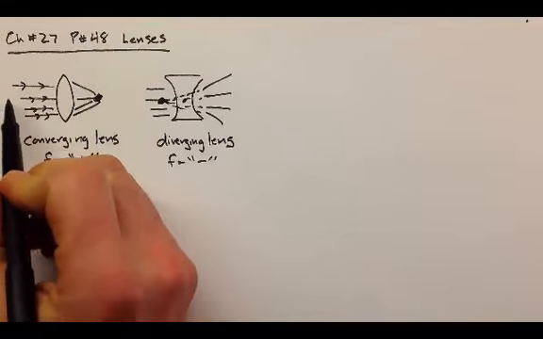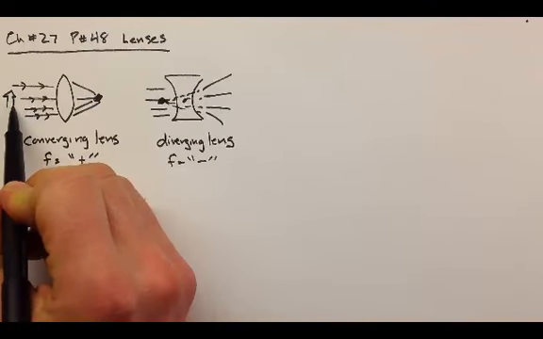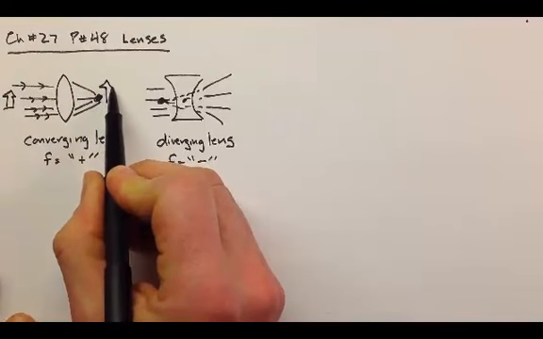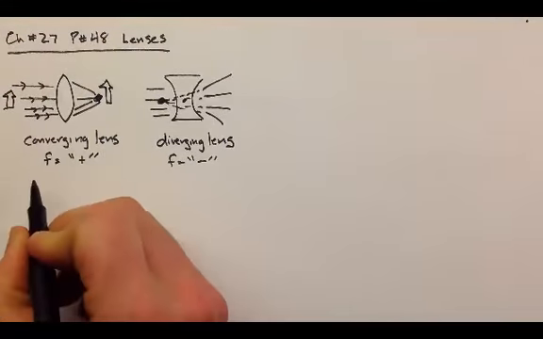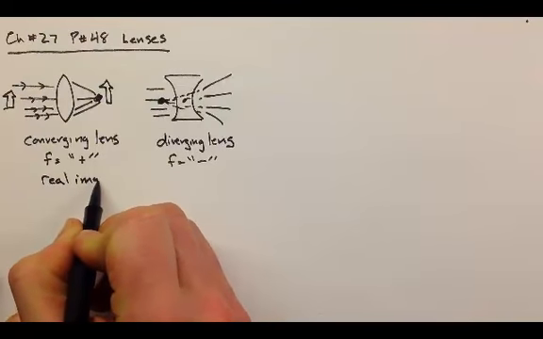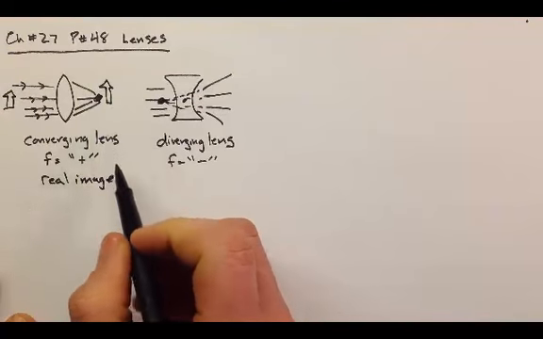Speaking of which, if I place an object on one side of a lens and it appears on the other side of the lens, kind of where it's supposed to, that is called a real image. Again, it's actual light that's forming the image.